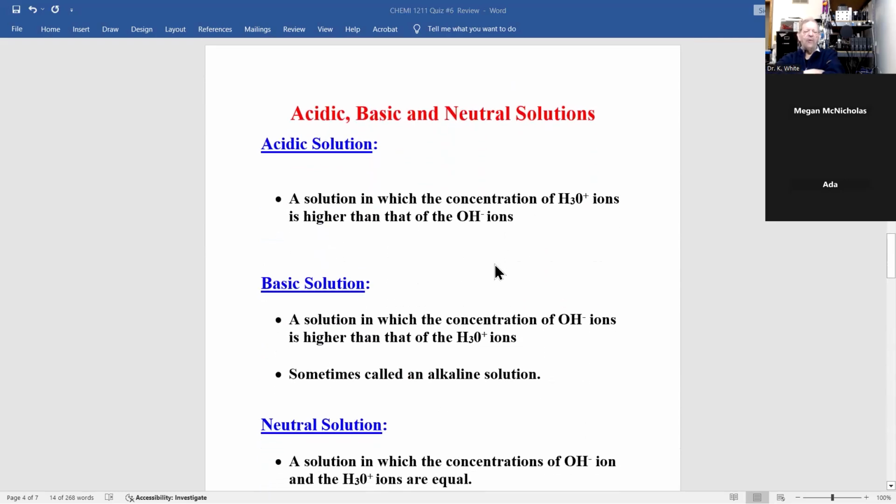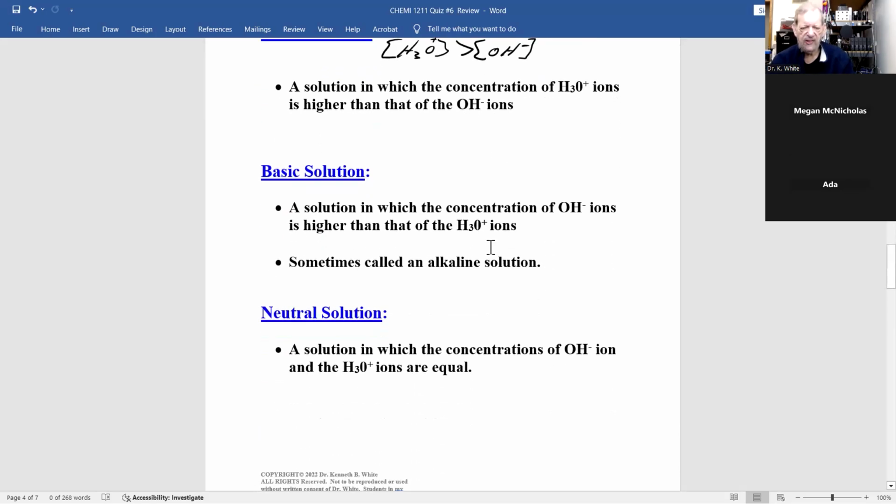All right, now, when we talk about aqueous solutions, there are the terms acidic, basic, and neutral. In an acidic solution, the hydronium ion concentration is greater than the hydroxide ion concentration. A basic solution is just the opposite.